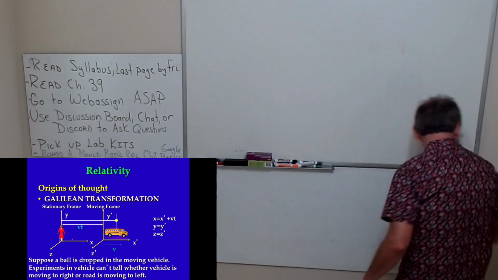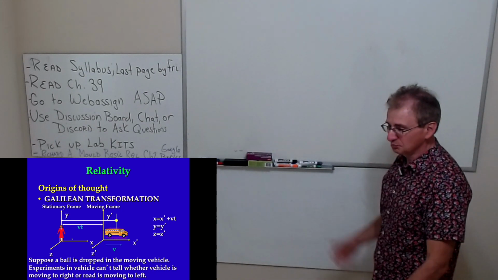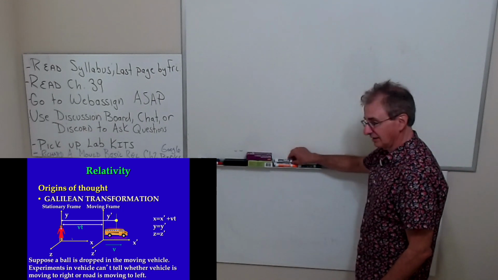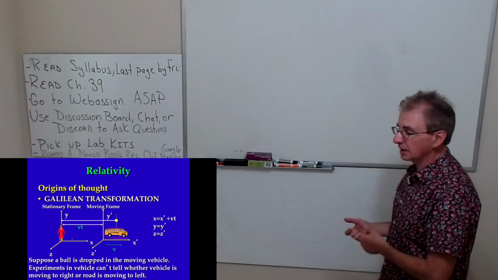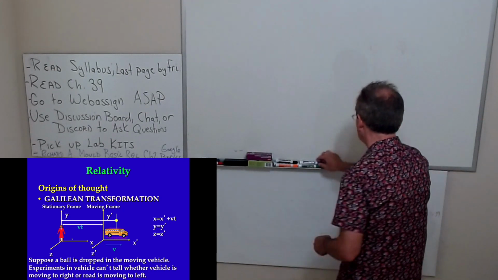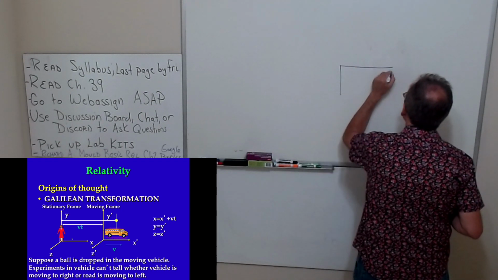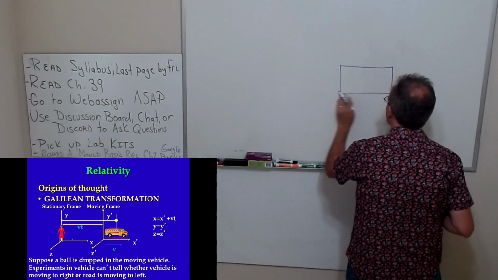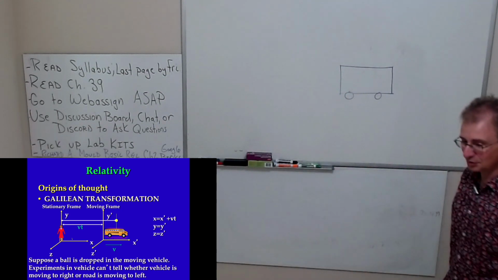So let's say we are in a school bus that's moving. Let's make the math easier and assume that the school bus is moving to the right. So here's a school bus. I'm not an artist, so I'm going to draw a very simple school bus.